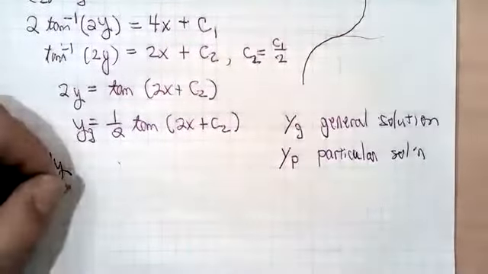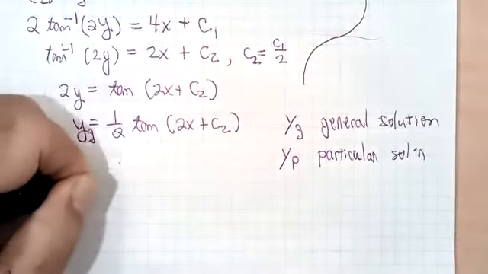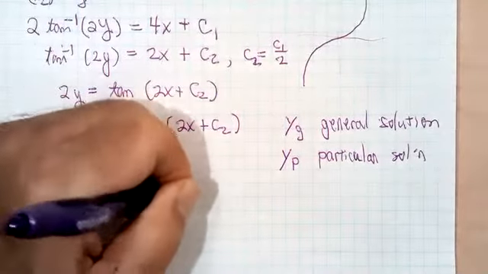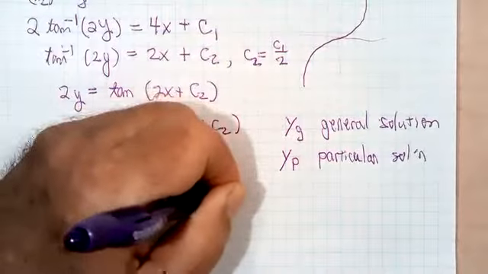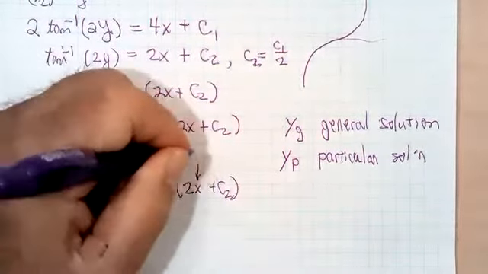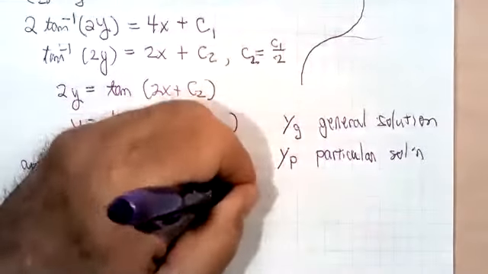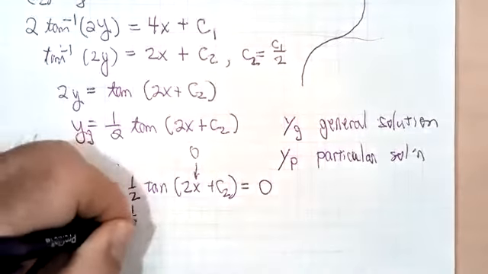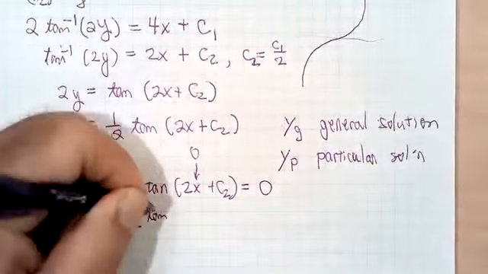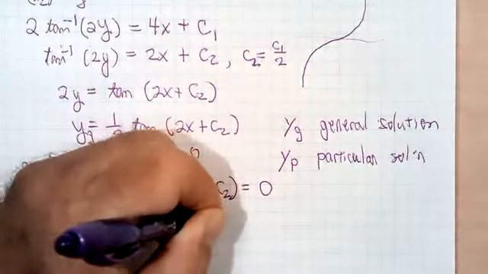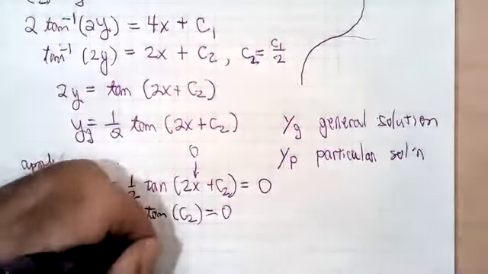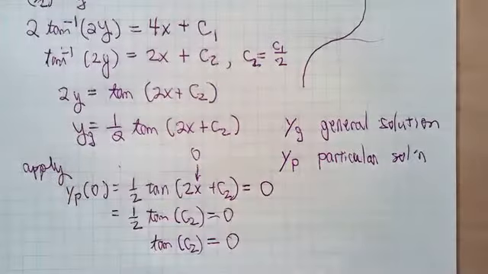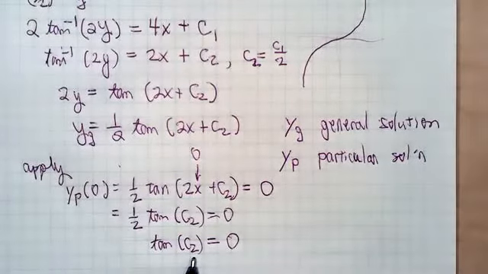So what's yp? Okay, yp at 0 is equal to 1/2 tan of 2x plus c2. Whoops, that's supposed to be a 0 there, which is equal to 0. Y at 0 is 0. So I've got 1/2 of the tangent of C2 equals 0, and I can multiply through by 2. Tangent of C2 is equal to 0, and now I realize I actually have a lot of choices, right?